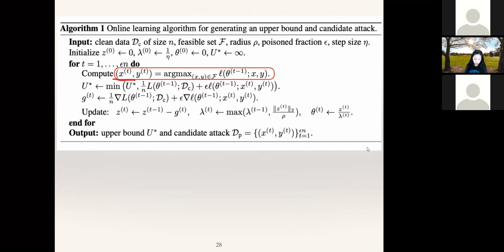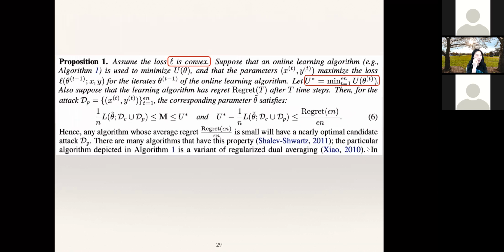Like I said, I don't want to go into too much detail on this algorithm, but I think this polarization is also very interesting, although I don't plan to go through all the details. The high level idea is that if you do have an L which is convex, then algorithm one has some nice property in terms of the regret.